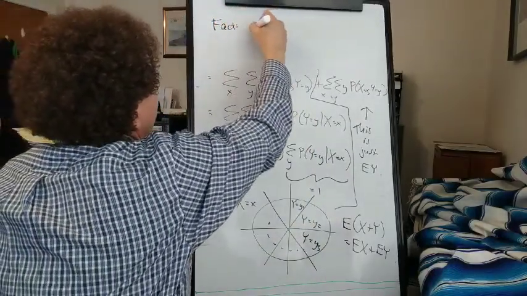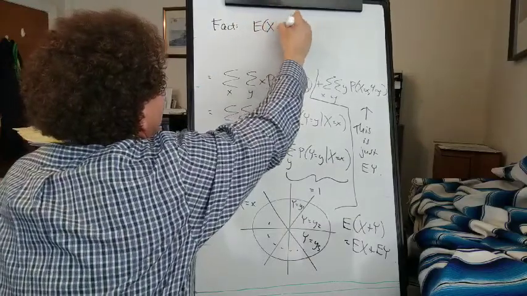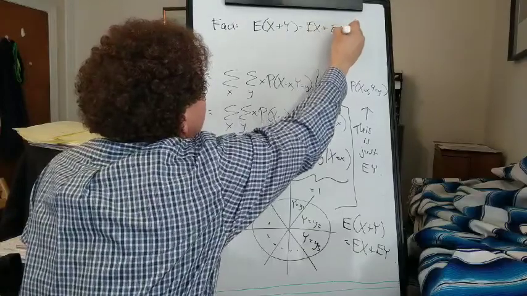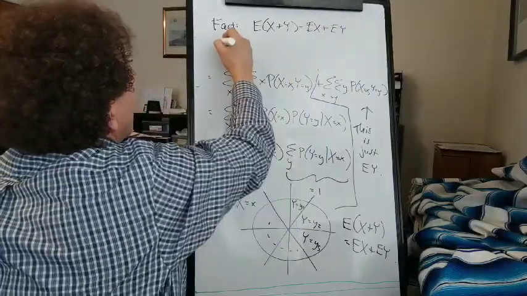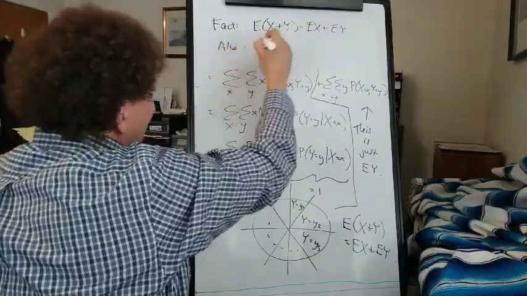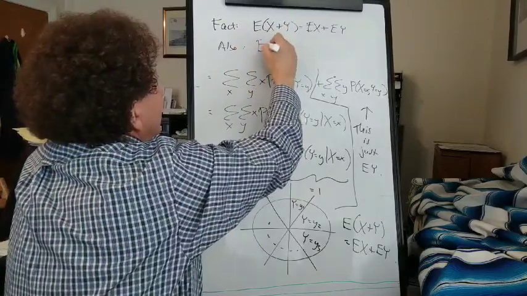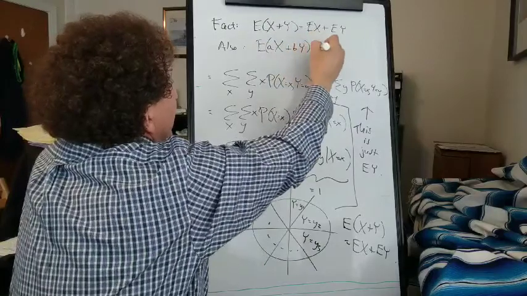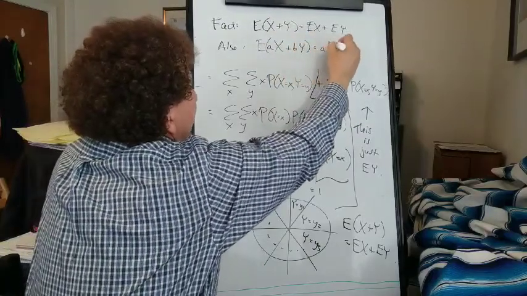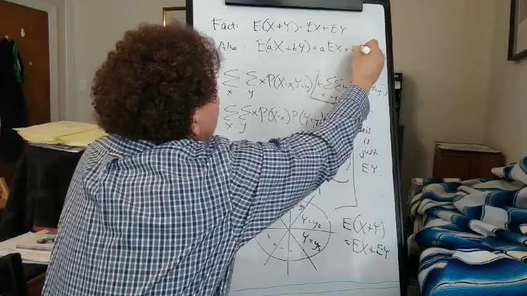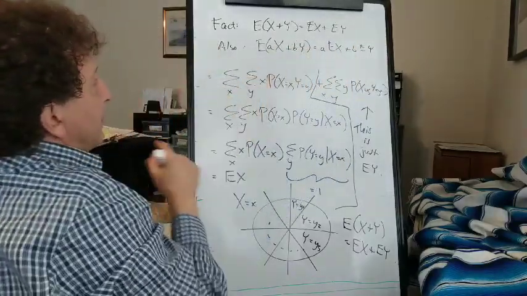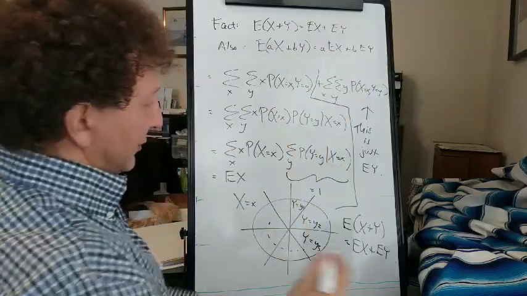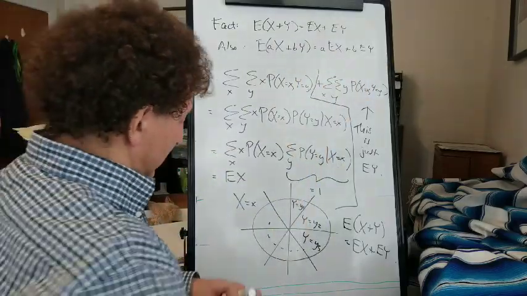In fact, the expected value of x plus y equals the expected value of x plus the expected value of y. Also, we could say the expected value of a constant times x plus some other constant times y equals a times the expected value of x plus b times the expected value of y, because constants come out of the expected value. And if we can break up a sum, then we reduce to the special fact that I put up before.